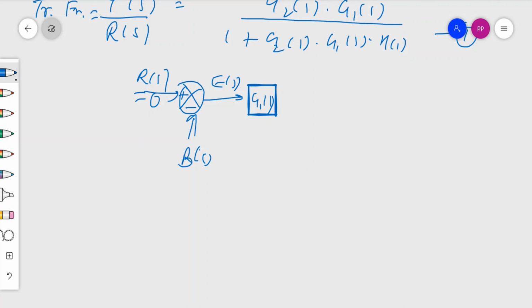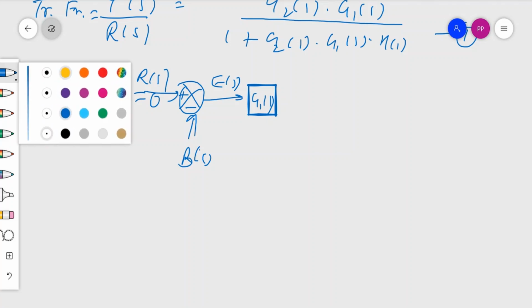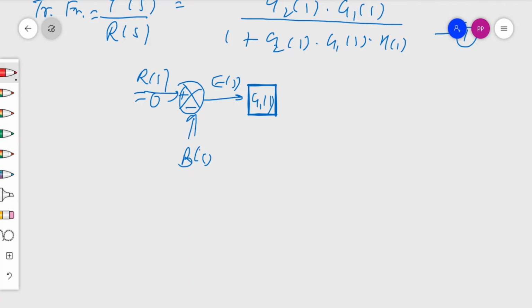So here, if I make RS equal to 0, then what will happen? This minus term will appear as minus 1 in series with the block, because when BS is entering the system, it is negating. So if RS is 0, then naturally BS should enter the system with a gain of minus 1, because this summing block will disappear.